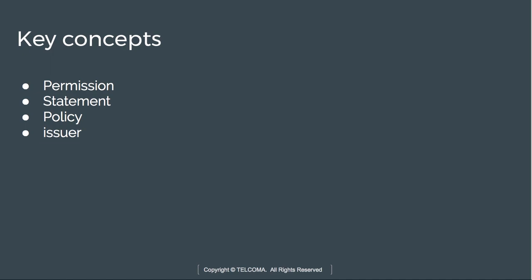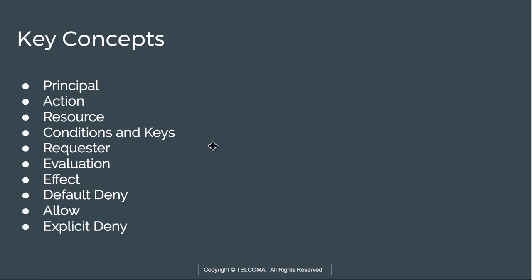So we have these key concepts in SNS: permission, statement, policy and issuer. If we talk more, then we have principal, action, resource, conditions and keys. We also have requester, evaluation, effect, default deny, allow and explicit deny.